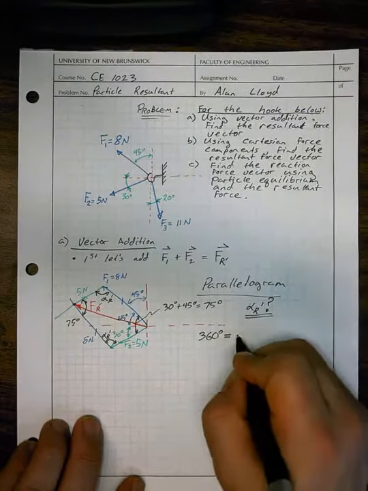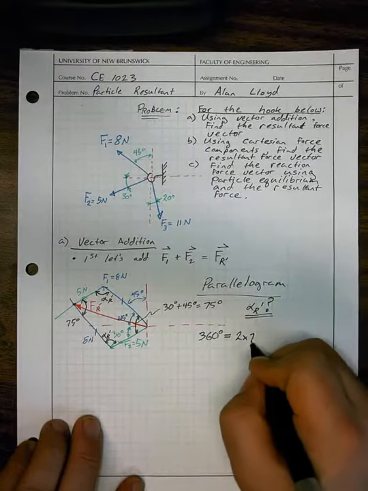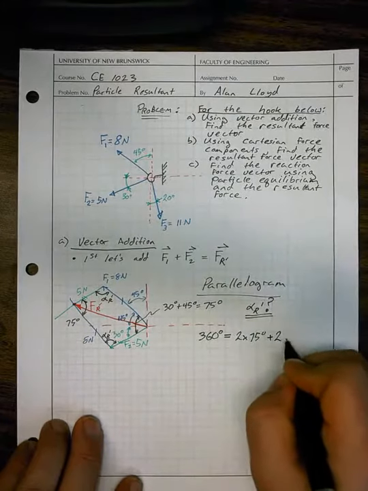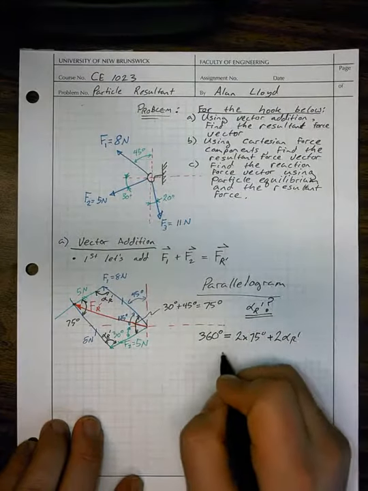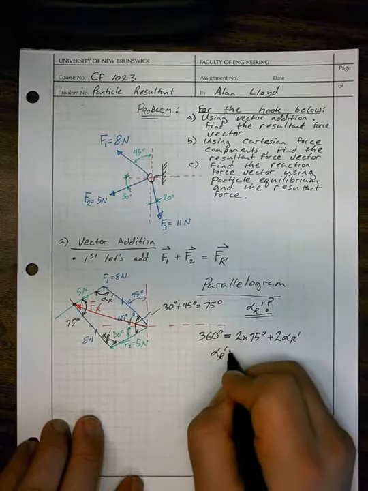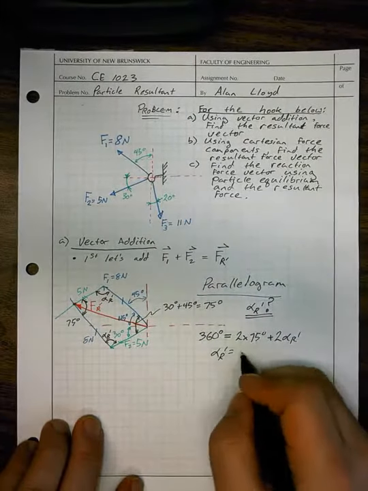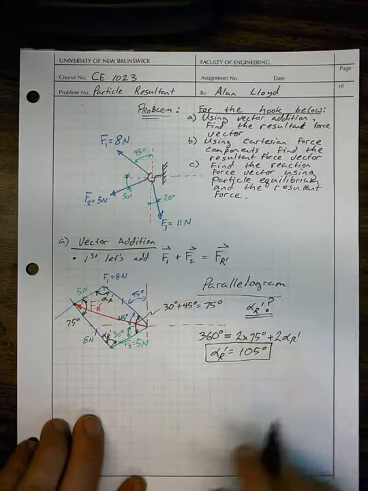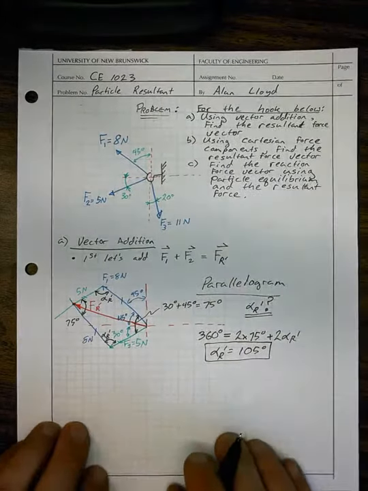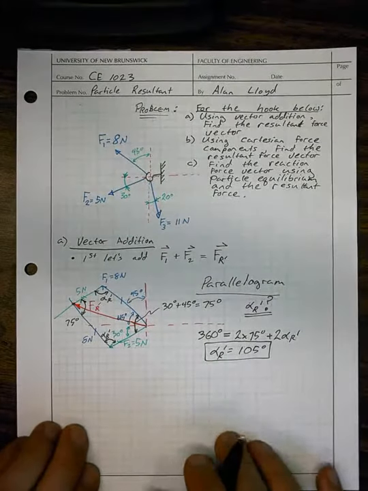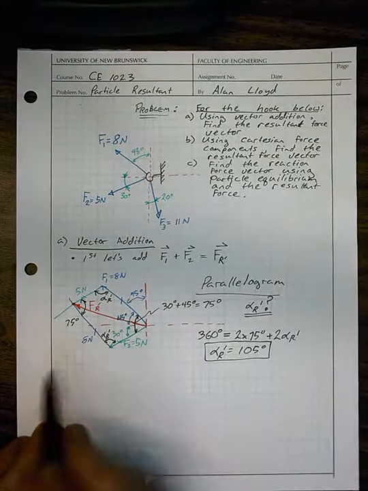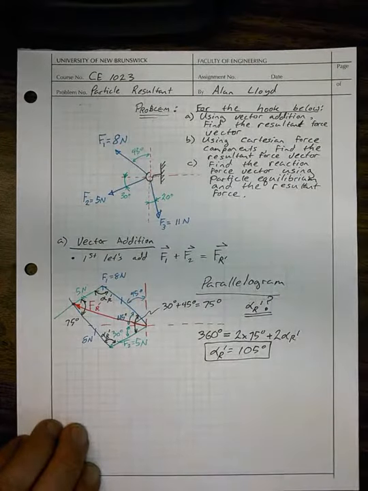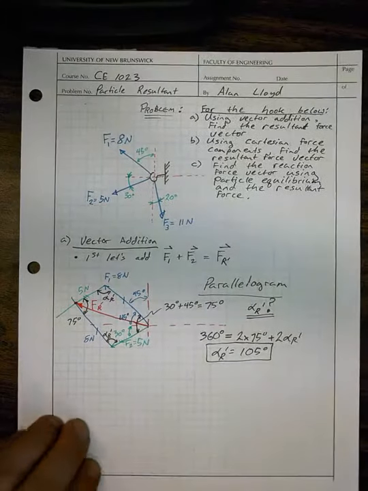So that's equal to 2 times 75 degrees, this angle plus this angle, plus 2 times alpha r prime. And if we solve for alpha r prime, we can get 105 degrees. And right now that's about all we can get out of that shape, which is quite a bit. The only thing that we're really missing is the magnitude of F_R prime and the angle at which it acts. So to get that, we're going to draw a vector triangle.